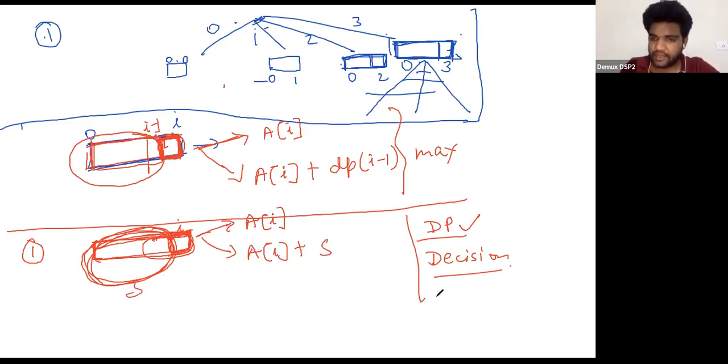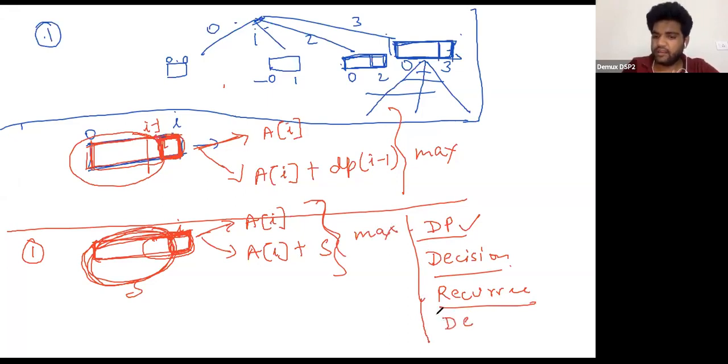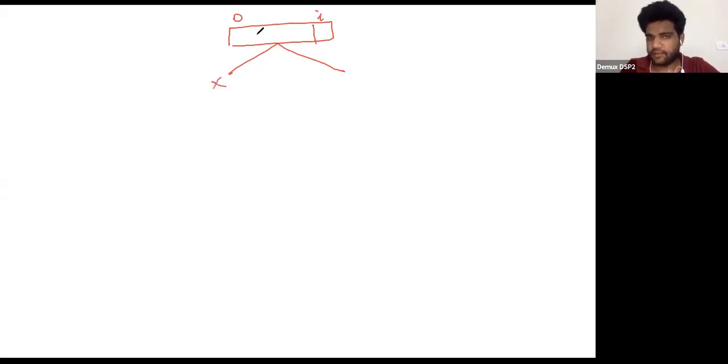From the decision, I make a recurrence, which is basically saying that whatever the answer is, it is the maximum of these two. And then the fourth part is I draw a tree just to understand the overlapping subproblem. So let's just draw a tree. We want to do it for I. Our decision is twofold. If we only have a subarray of length 1, then we don't have any subproblem that we are left with.